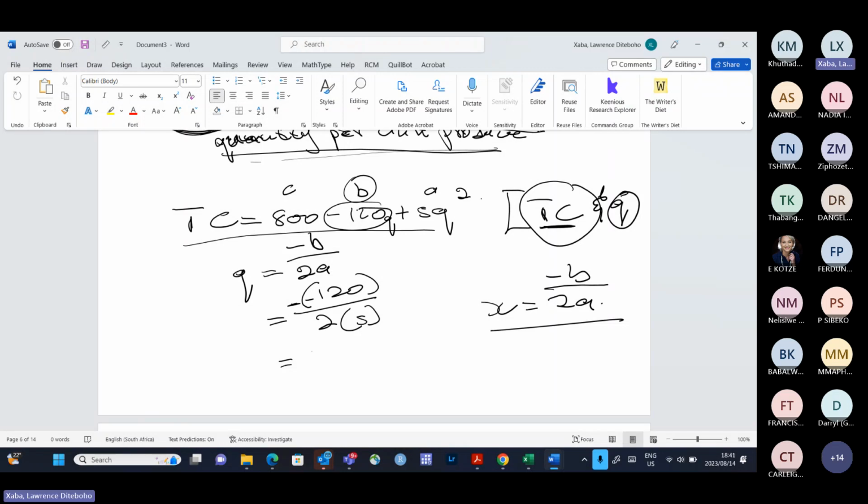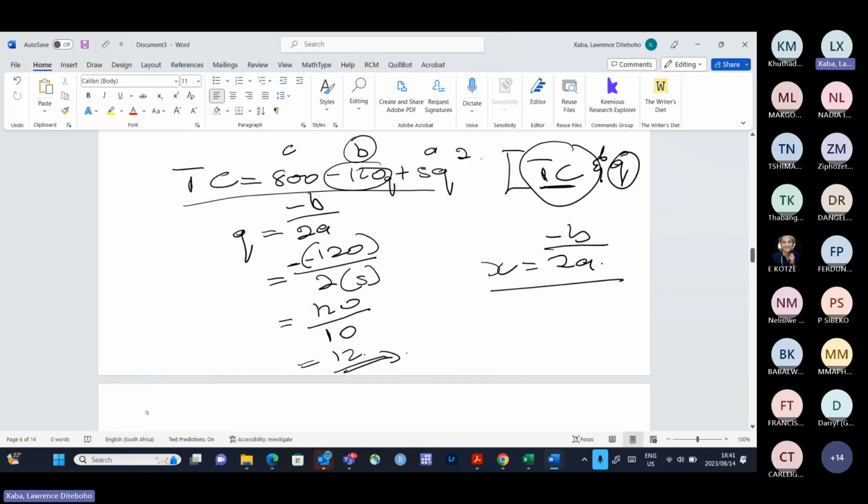Then when you simplify that, you end up with 120 divided by 10. Then we have 12. So this 12, that's the units. We know we are going to produce 12 units to minimize the total cost.